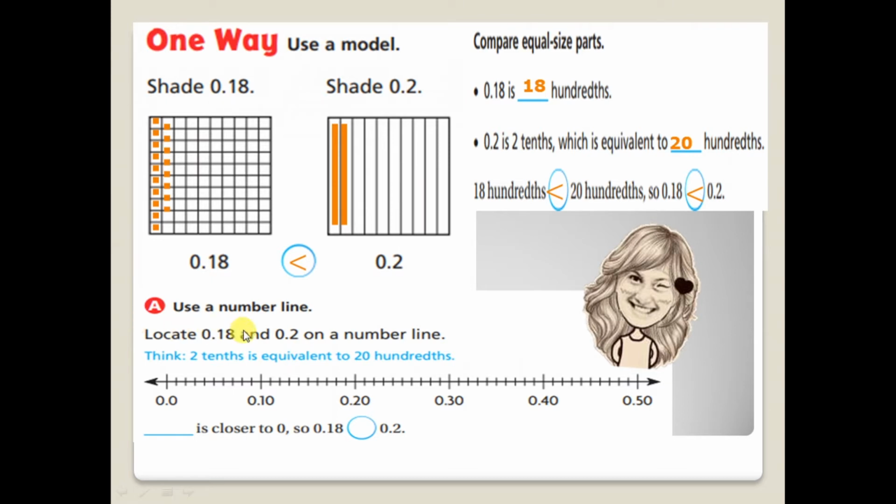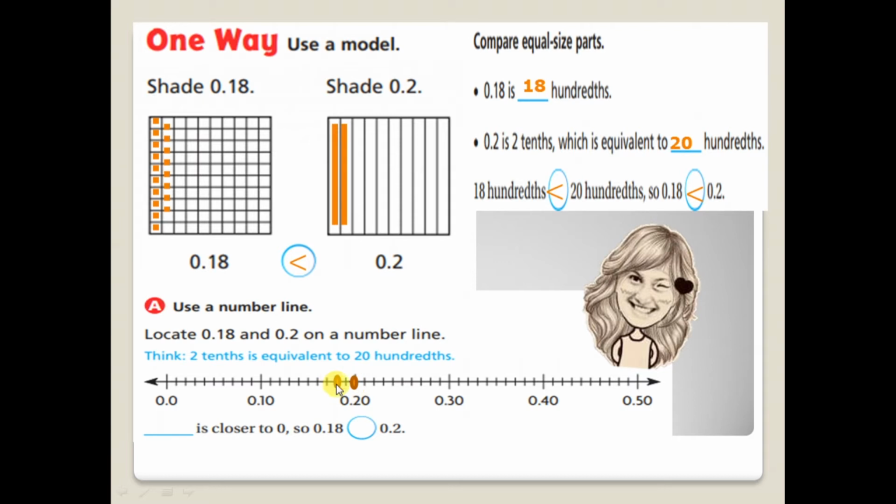Or we can use the number line. Okay, let's start by modeling 0.18 on the number line. 0.18 is after 0.10, then count 0.11, 12, 13, 14, 15, 16, 17, 18. I think it should be here. 0.2 is the same as 0.20, so we will put it here, because there's no number in the hundredths place, so we put 0.